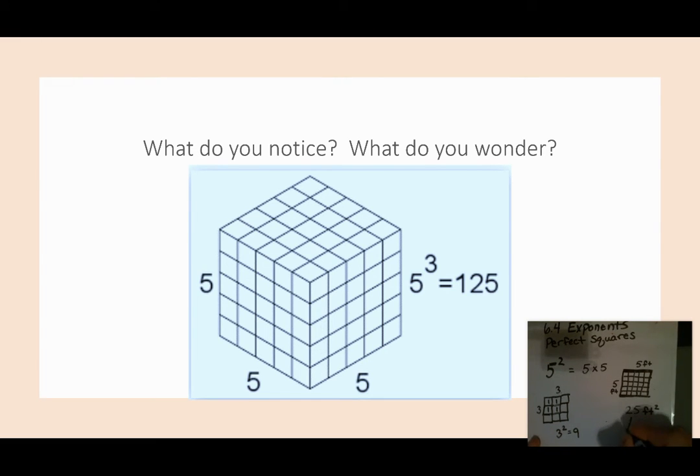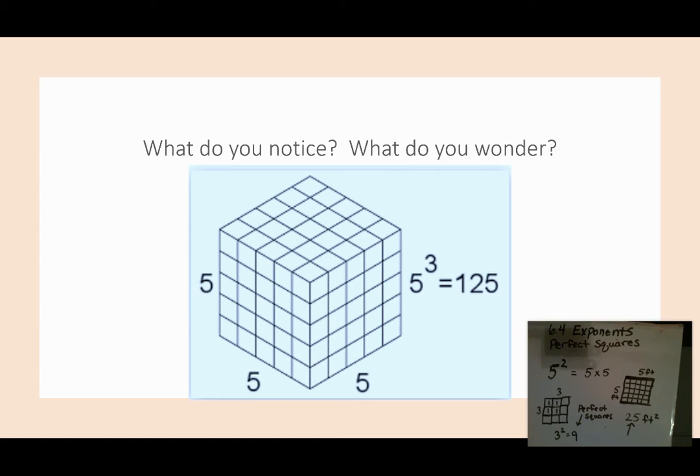And these numbers are special. They are called perfect squares. They're numbers that you can take a number, multiply it by itself, and get that answer.